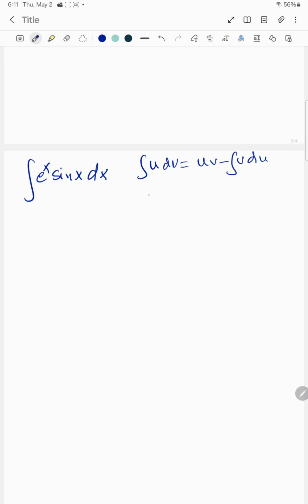Here I take u equal to e^x, so du is equal to e^x dx, and I will take dv equal to sine x dx, so v is equal to minus cosine x, because the derivative of cosine is minus sine. If I want a plus sign, I have to put v equal to minus cosine x.